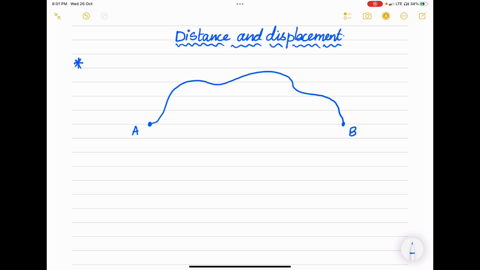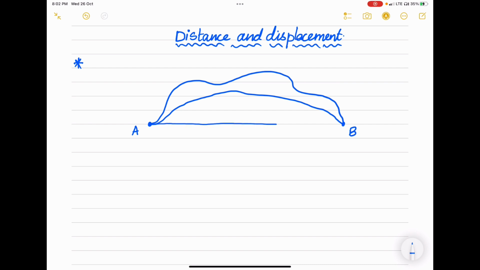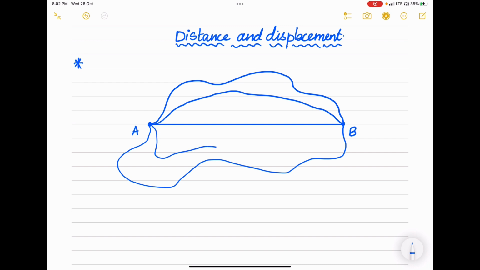So let me say this is the first way where he can traverse between A and B. What do you mean by traverse? That is nothing but travel. And now say there is another way where this person can move from A to B in this direction also. And assume there is one more path where he can go from A to B, and there is another way where he can move back a little bit and then approach B, and similarly one more, changing his own directions and all.